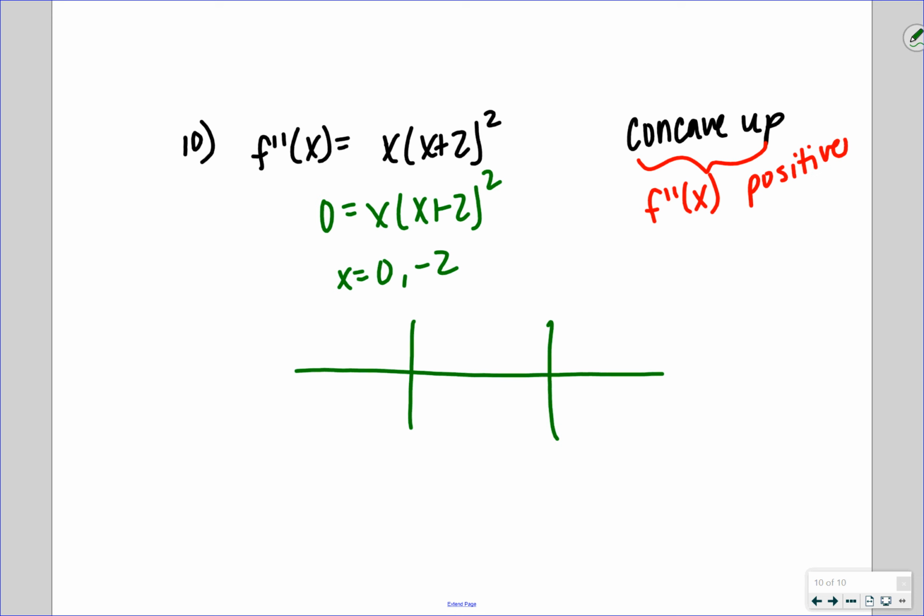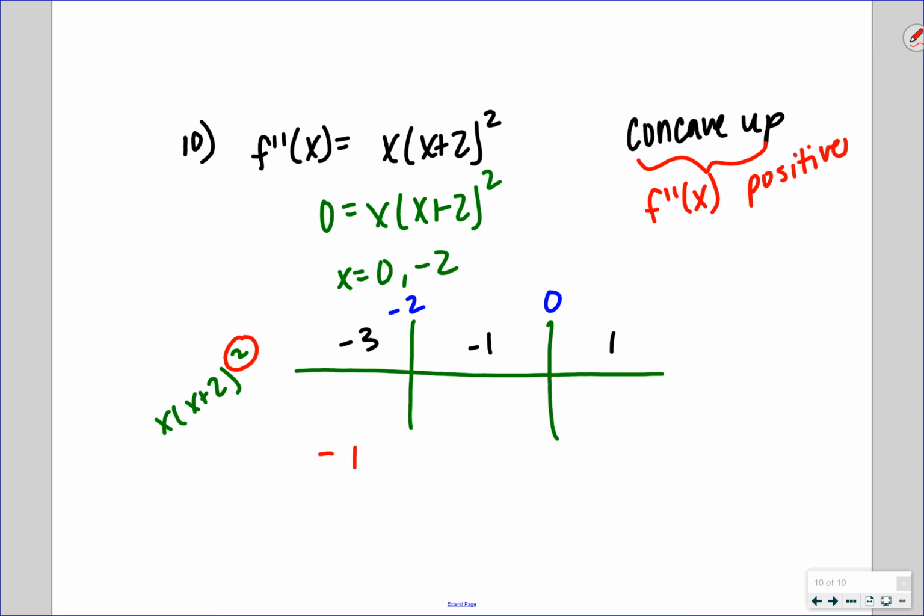Make a sign chart to see where my second derivative is positive. If my second derivative is positive, I'm concave up. So numbers smaller than negative 2, negative 3, between negative 2 and 0, negative 1, and bigger than 0, 1. I'm going to plug this into x times x plus 2 squared. So negative 3 out front is a negative. My second one is always positive because I have a square.